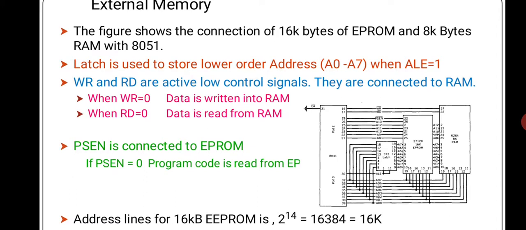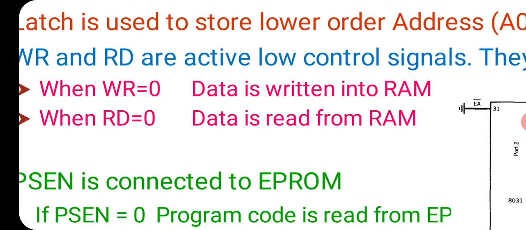When WR is equal to 0, data is written into RAM. It means you can store data into RAM memory by giving WR equal to 0. And if you want to read data from RAM memory, then RD should be equal to 0.